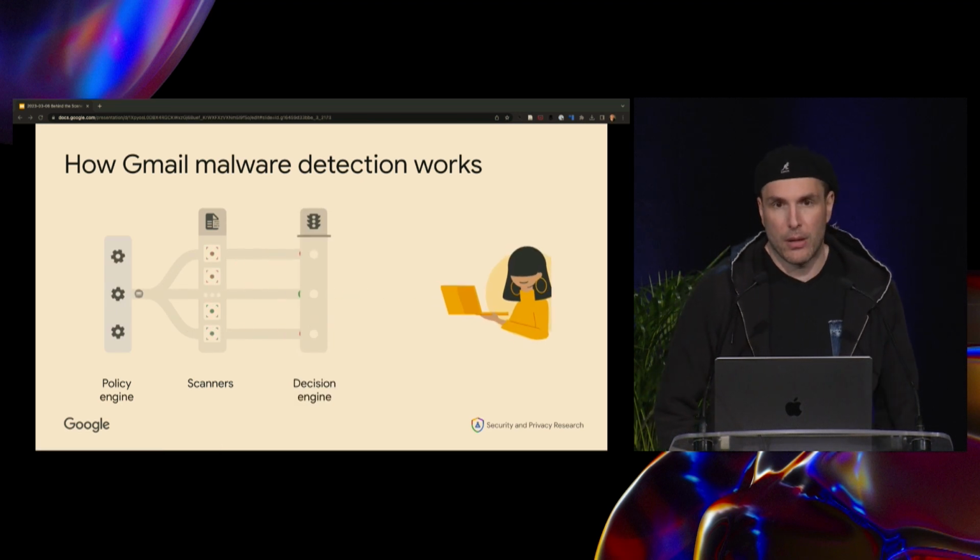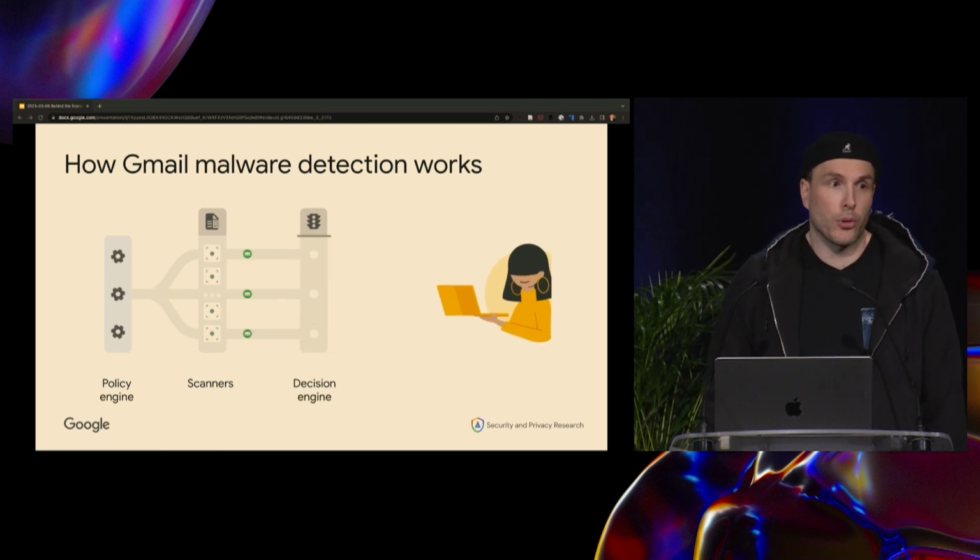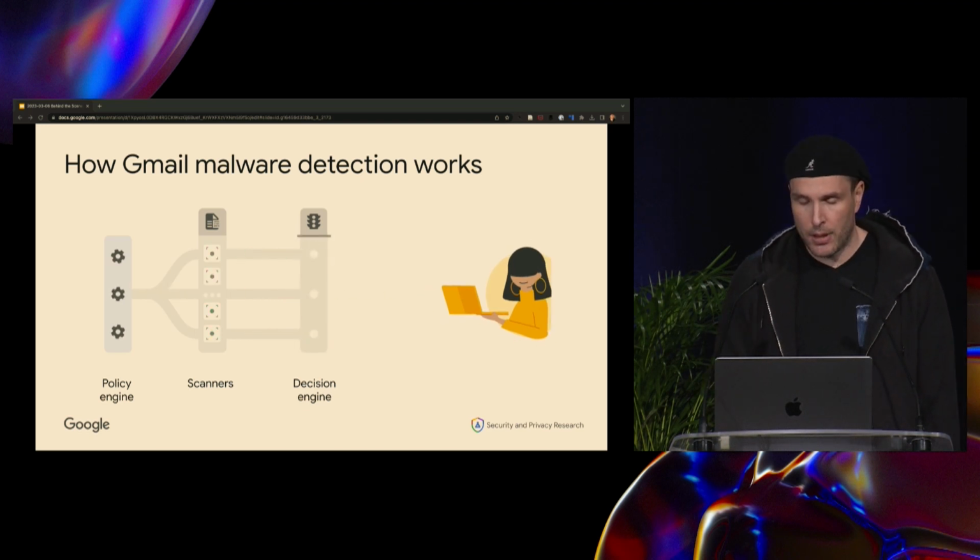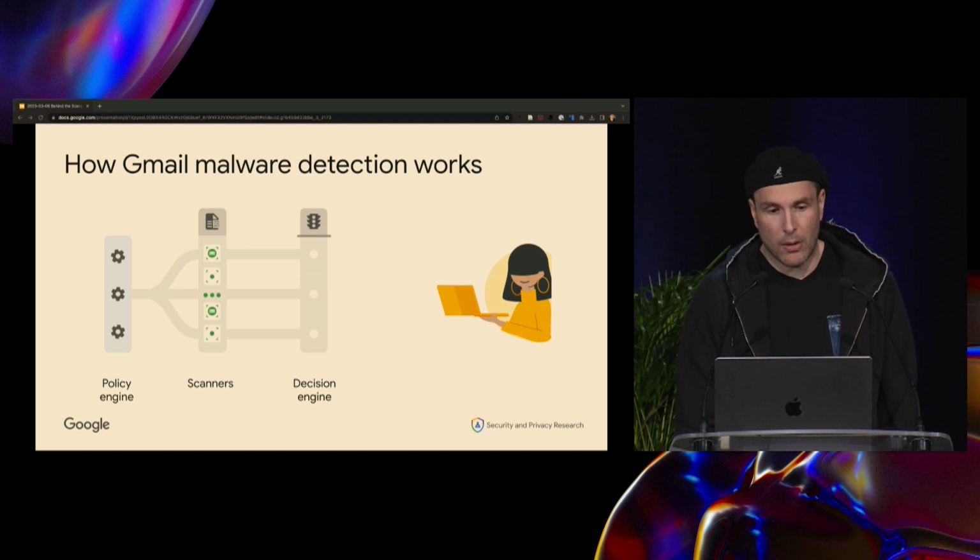So each one of these decisions will go through a different funnel according to the type of information. They go through scanners that combine different documents in order to make the decision to see if we should deliver the document to your mail or not.